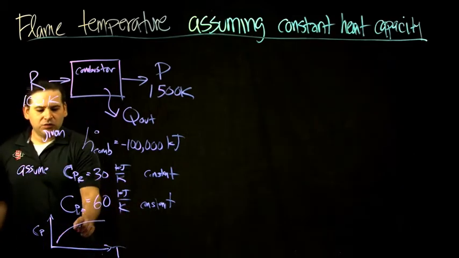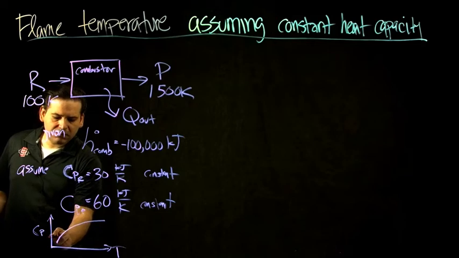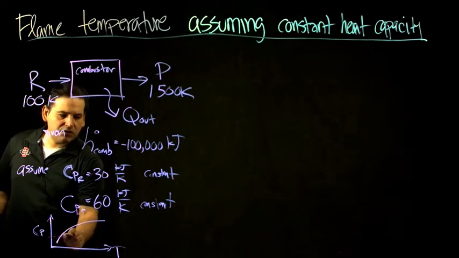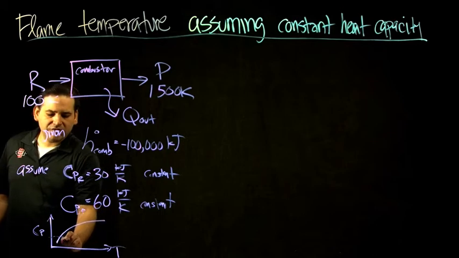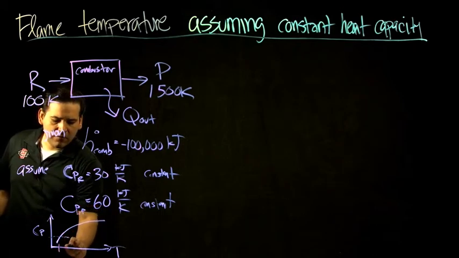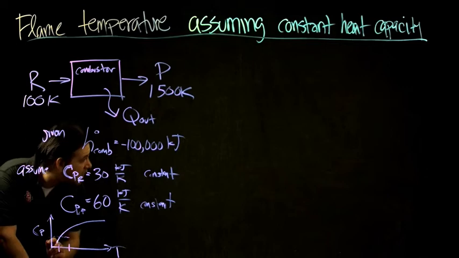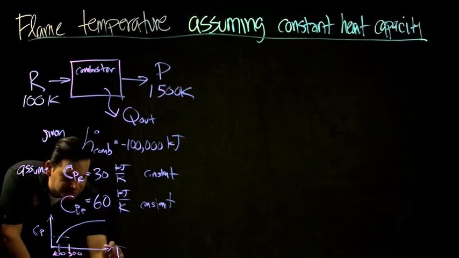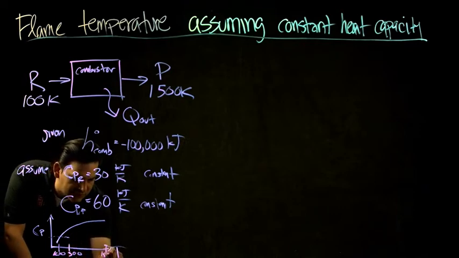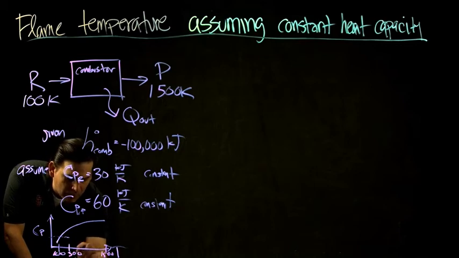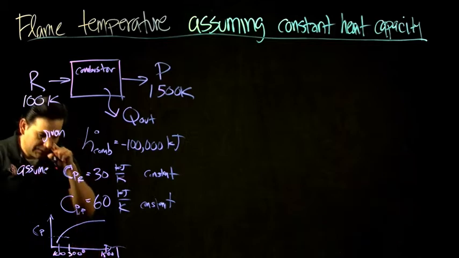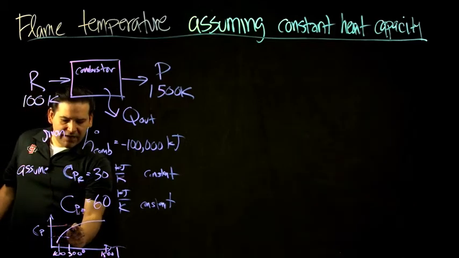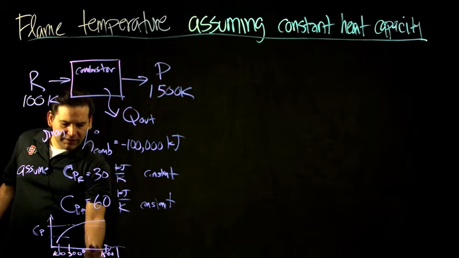So what these values represent is some constant value to change from 100 Kelvin to 300 Kelvin. And then at the final temperature, this is the standard state. So what we're doing is we're choosing some average values. This would be an average value.